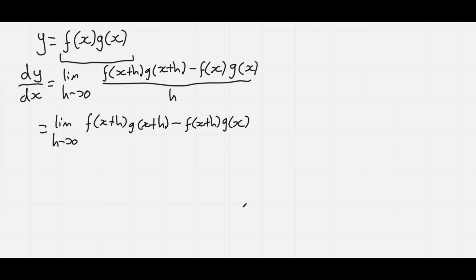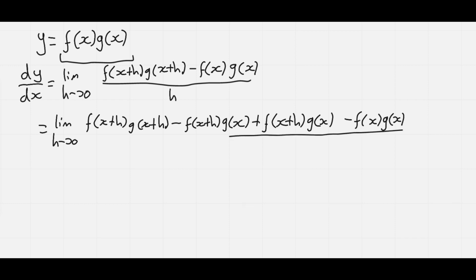Now to make sure that this hasn't come from thin air, I'm going to add it back, so it just evaluates to 0. I hope you can see these are the same terms. I'm adding and subtracting them, so it just disappears. And we're going to be left with this, all over h.